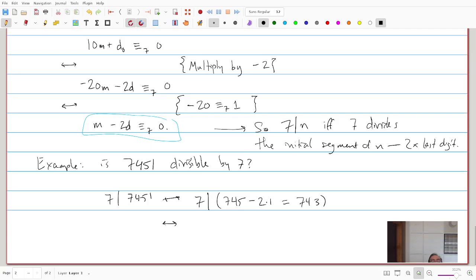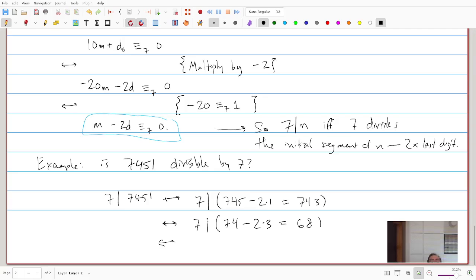And that's if and only if. I can do this again, right? 743, I'm going to subtract 2 times 3 from 74. So this is 74 minus 2 times 3, which is equal to 68.